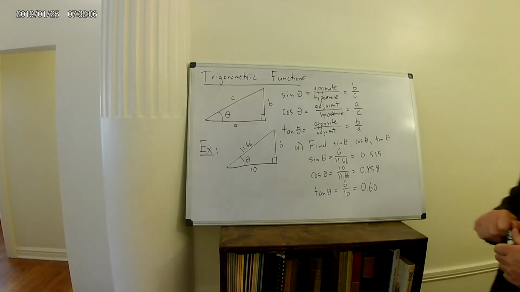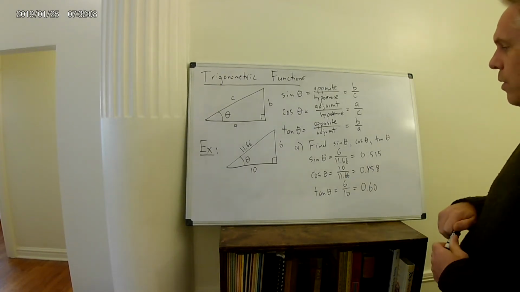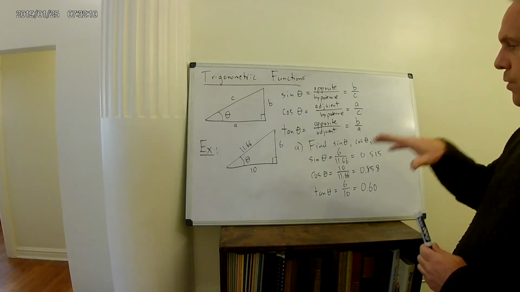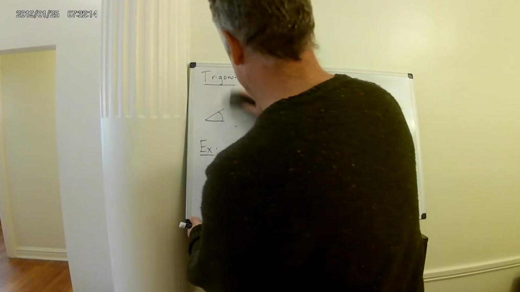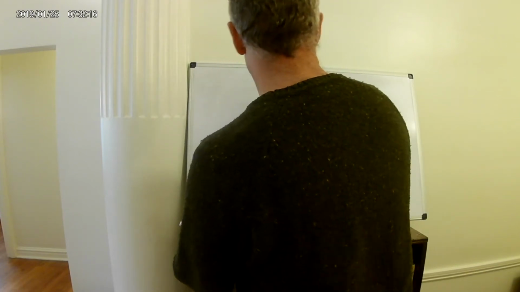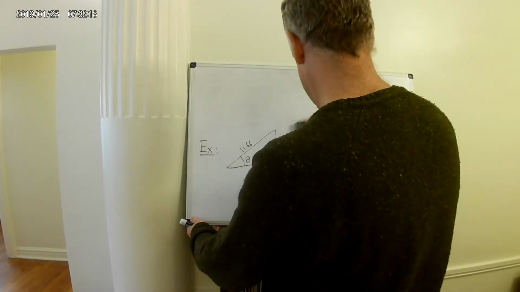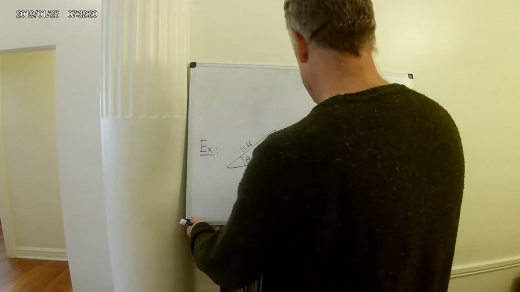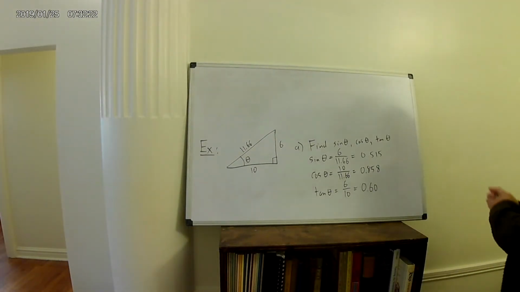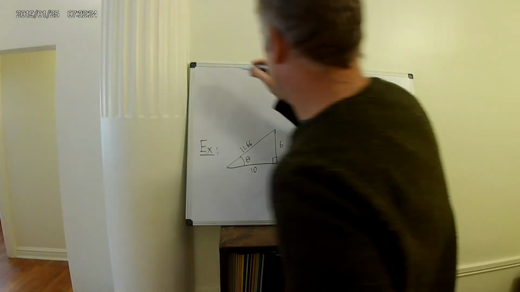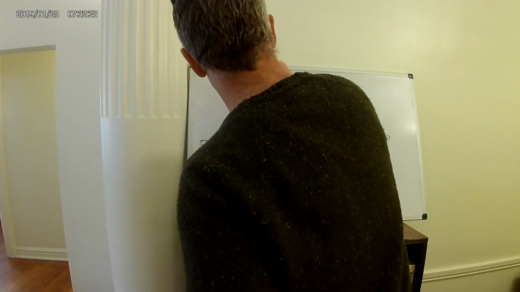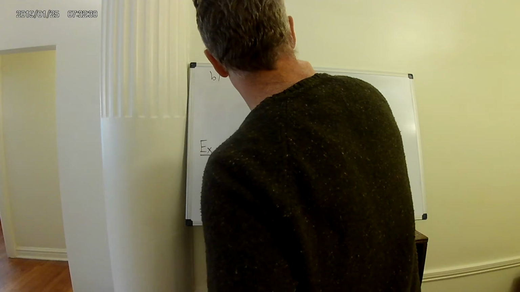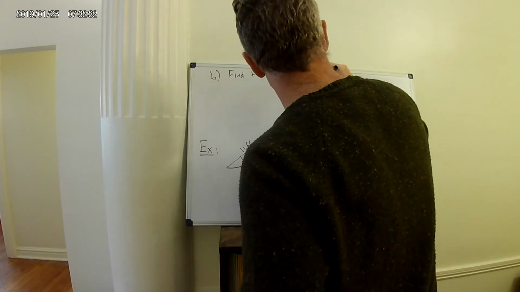There's a second part to this problem, and I don't want to erase the bottom, so I'm going to erase the top here and do the second part above the first part. Part B of this problem is I want to find the angle theta in degrees.